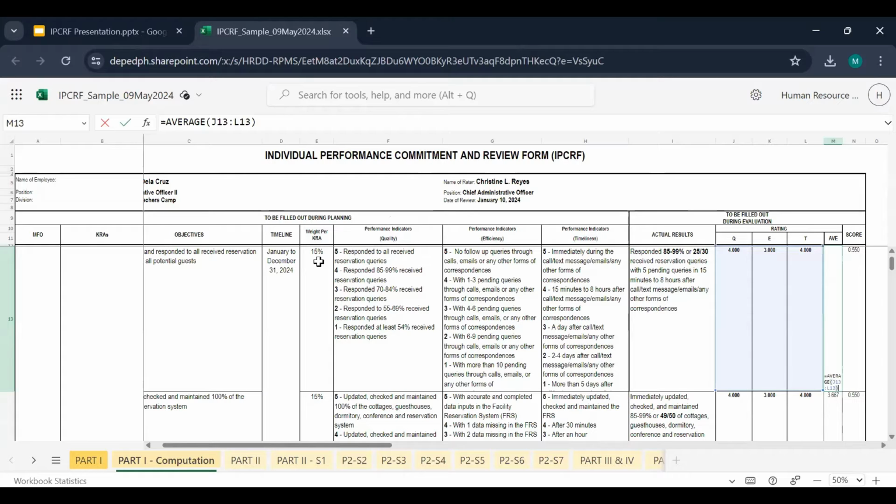So 3.667 times 0.15 would be 0.550. You could also use the Excel formula and then drag it down to get the real-time scores and average under column M and column N.